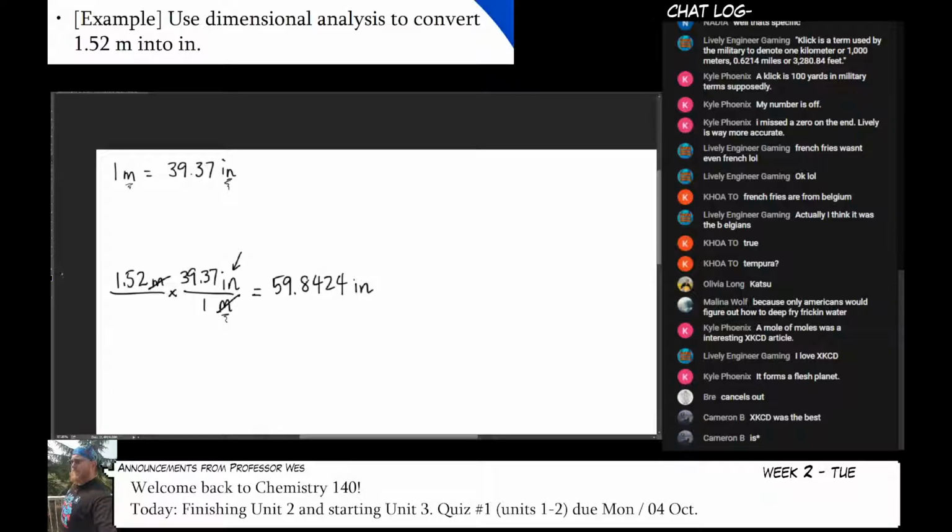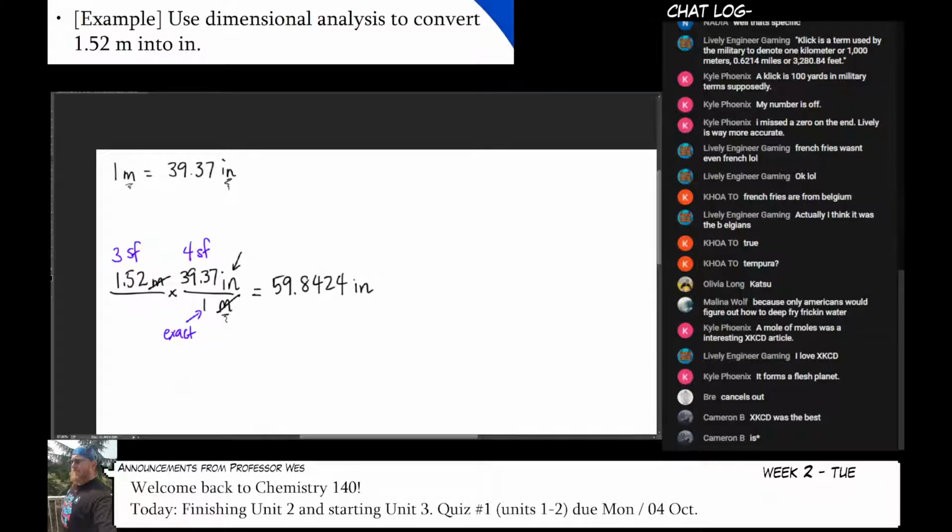We just now need to do the last step, which is, of course, sig figs, right? So how many sig figs does this number have? 1.52 has 3 sig figs. 39.37 has 4 sig figs. That one is exact. In exactly a meter, there are approximately this many inches.